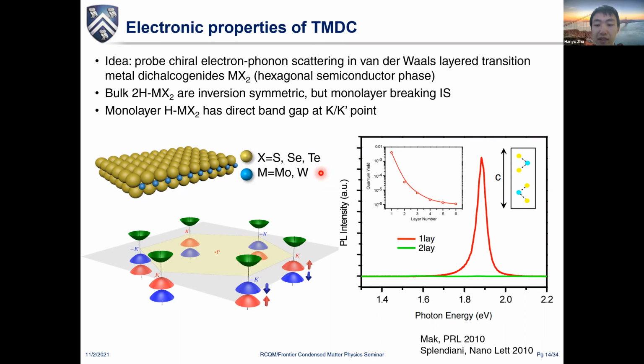But since about 10 years ago, people discovered that miraculously the single layer has a very strong photoluminescence, indicating that it has a direct gap. Even two layers doesn't. So that's a big contrast. And having a direct bandgap makes it very easy to optically detect electrons and holes.